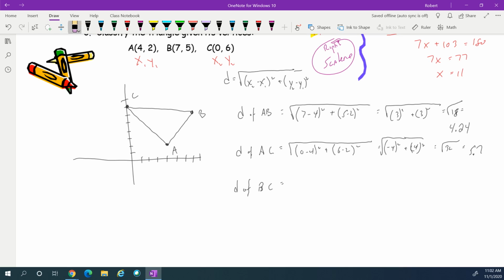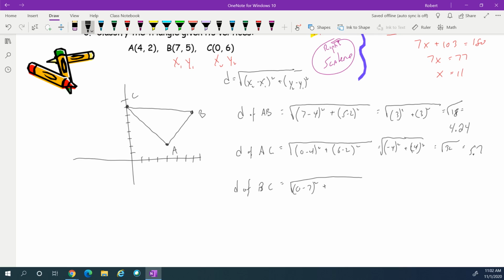And we need to do our last one, BC. So again, let's label it x1, y1, x2, y2, and substitute. So for our x's, we have 0 minus 7.